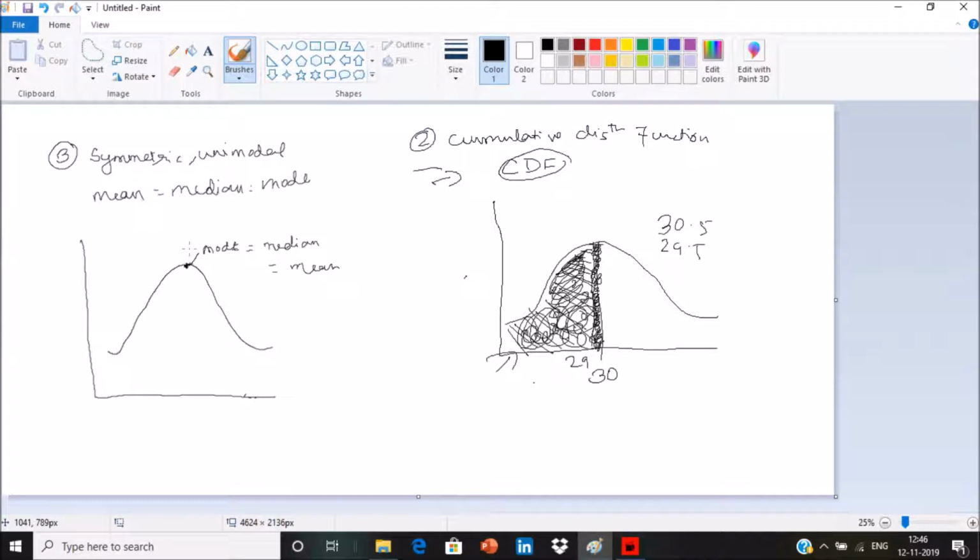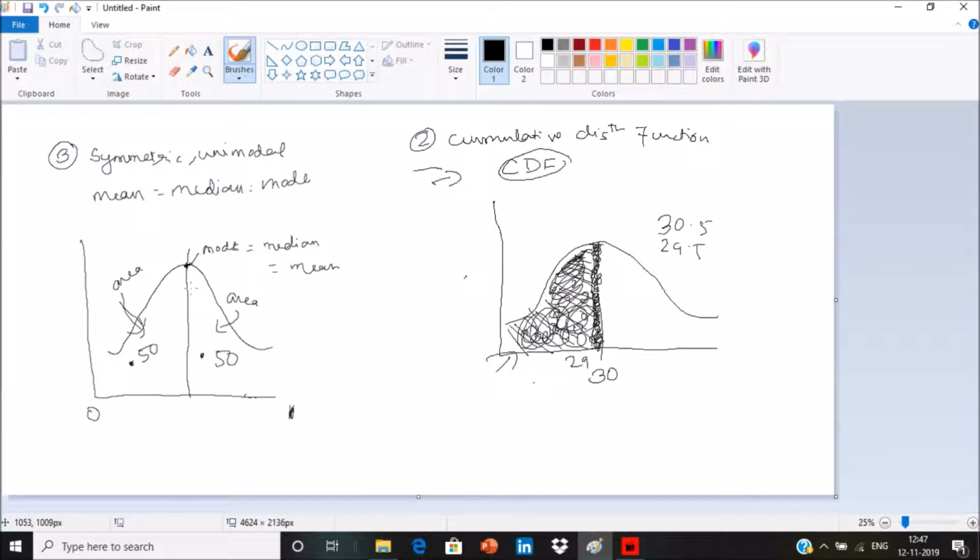Now, the normal distribution is also symmetric, so if we draw a line to segregate the normal distribution through the middle, the area towards the left will always be equal to the area towards the right. And therefore, if the probability ranges from 0 to 1, since the area towards the left is equal to the right, this area will be having a probability of 0.50, and the area towards the right would also have a probability of 0.50, right?